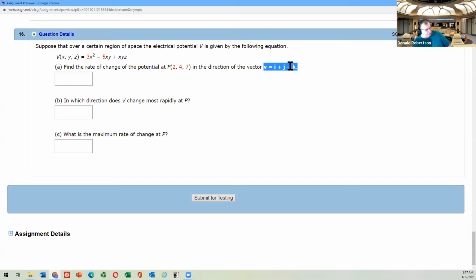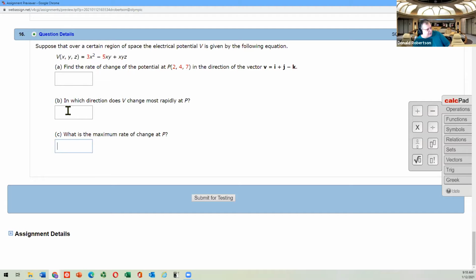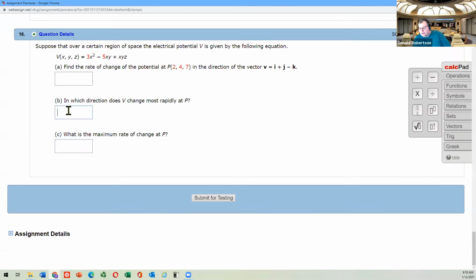The V bit has nothing to do with that question. It's going to be the gradient of this function at that given point. And won't the maximum rate of change be the magnitude of the vector you got from B? So in B, you find the gradient at the point 2, 4, 7, and in C, you find the magnitude of that gradient vector, and those are the two things you're looking for.